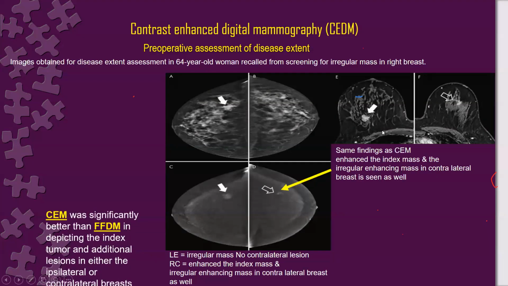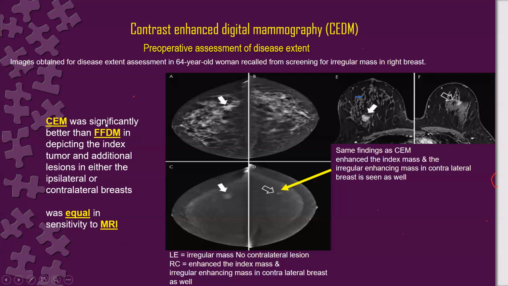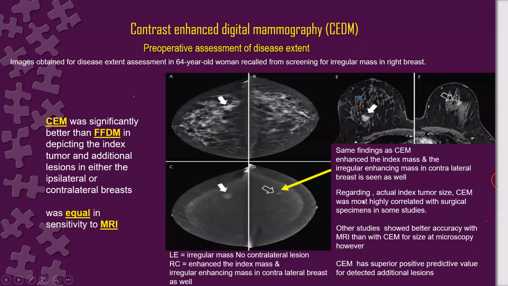So again, contrast enhancement is significantly better than full-field digital mammography in depicting the index cancer and additional ipsilateral or contralateral lesions. You look here, even the same lesion itself is more appreciable than on full-field digital mammography, and further, it demonstrates an enhancement in the contralateral breast, and in accuracy is more or less equal to MRI.